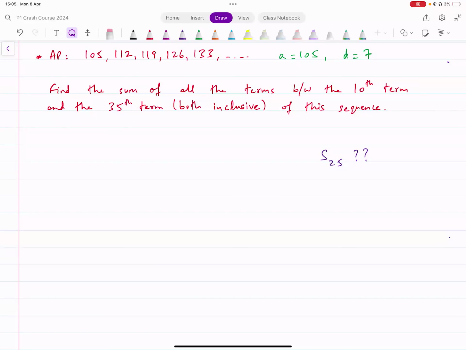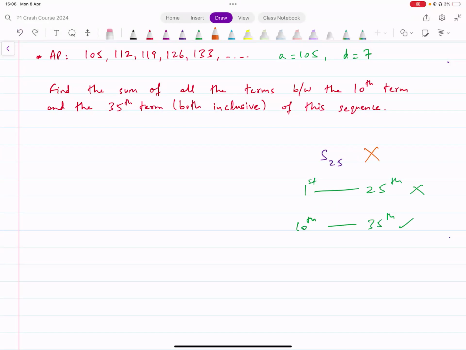It would include the terms from 1 to 25. It will add the terms from the first term to the 25th term. That's not what we want. We want from the 10th term to the 35th term. This is what we want. We don't want this. So we can't do S25. That is not going to work.